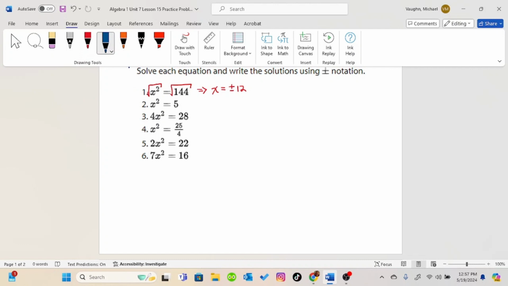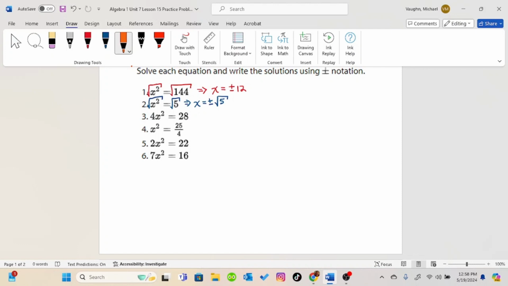In number 2, we have x squared equals 5. So again, we're going to take the square root of both sides, and this becomes x equals plus or minus the square root of 5.